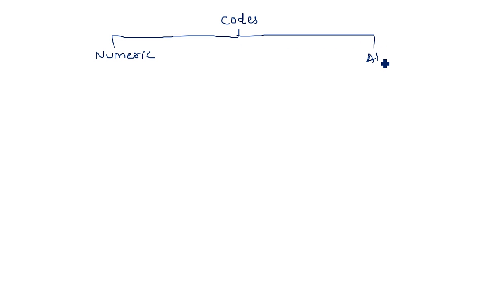classifications of codes. Most commonly, if we are going to draw that in a tabular form or tree form: codes are numeric and alphanumeric.